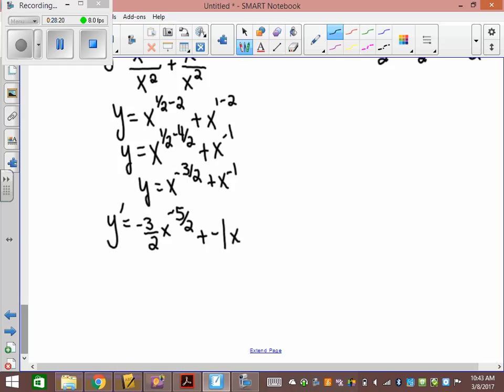Subtract 1 from negative 1, what do you get? Negative 2. Now, instead of writing plus a minus here, I would rather that be just a subtraction sign. So it's going to be negative 3 over 2, x to the negative 5/2, minus 1, if you want to write it, or just minus x to the negative 2.